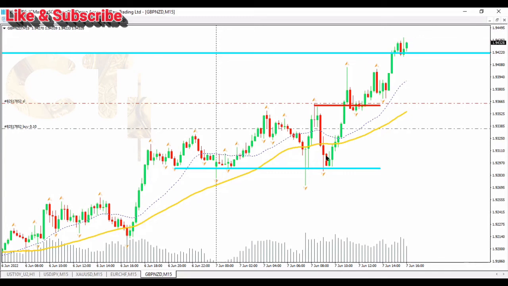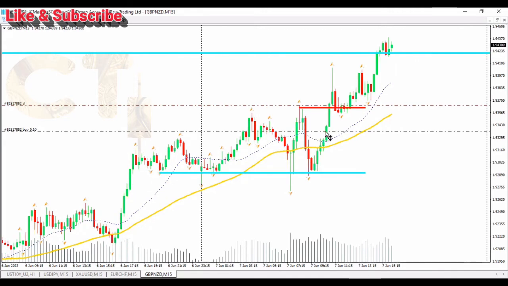That's one of the things that gave me confidence to take this trade at this level. When we saw price coming back up again, that was when I took the trade, and my initial stop loss was around this level right here, because I took my trade around here. Then we saw price continue higher and higher.